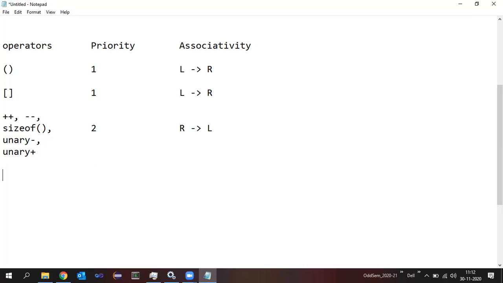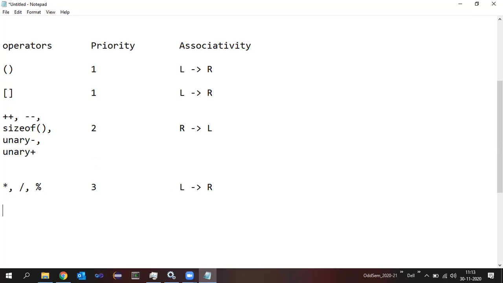Then the next one is multiplication, division, and modulus. All these three have the same priority, that is 3. They are performed from left to right. What left to right means is that in an expression, if you have multiplication as well as division, whichever occurred first, we need to perform first.